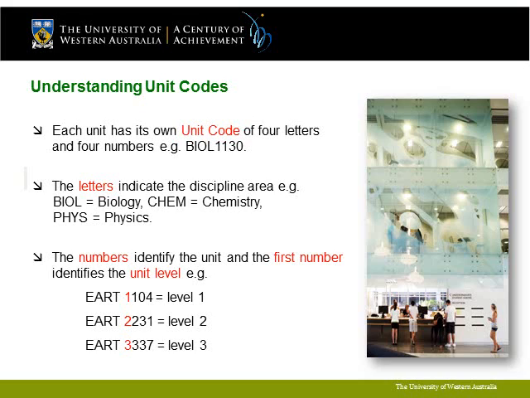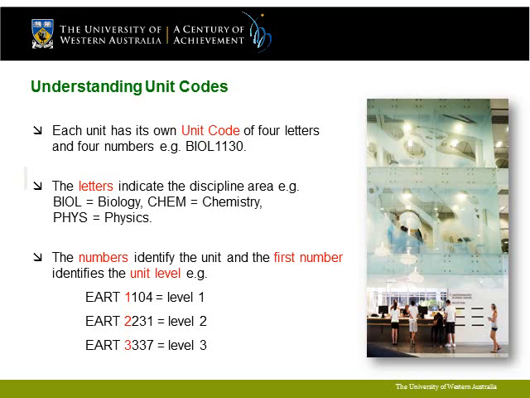Each unit has its own unit code of 4 letters and 4 numbers. For example, Bio 1130. The letters indicate the discipline area. For example, Bio equals biology, Chem equals chemistry, Phys equals physics. The numbers identify the unit and the first number identifies the unit level.